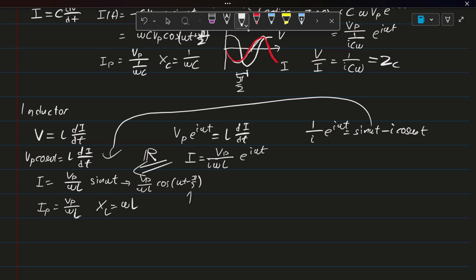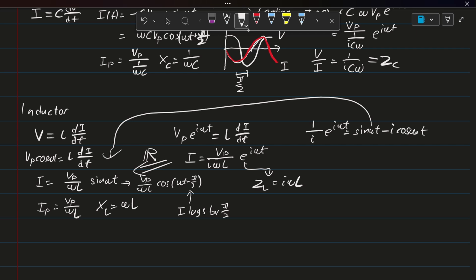And this in turn tells you that the current lags by 90 degrees, or pi over 2. But if you look at it from the complex number, you would figure out that the impedance will be i omega L. So it turns out that there's a relation between this impedance as well as the lag.